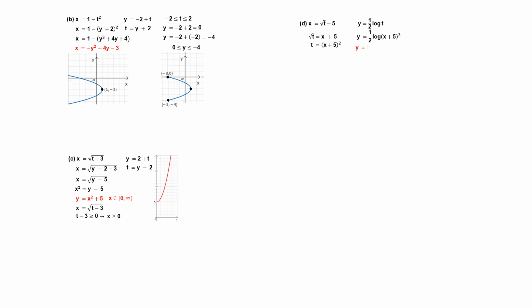Even though there are no restrictions on the parameter t, we should be cautious and limit the domain of the function, as we cannot assume that t can be any real number. The logarithmic function is defined only when the argument of the function is positive, so x plus 5 is greater than 0 and x is greater than -5.